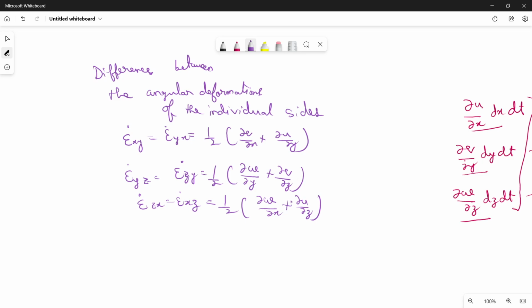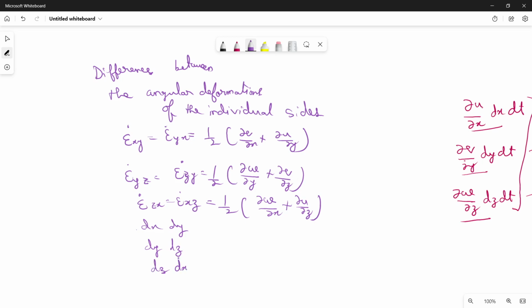Then the rotation. As we have seen, the rotation is the average of the rotations of the sides. Suppose you consider them in pairs: the sides dx dy, then the sides dy dz, then the sides dz and dx.